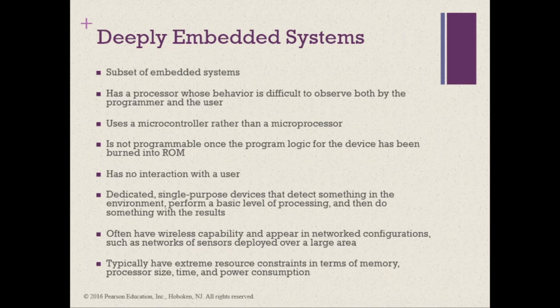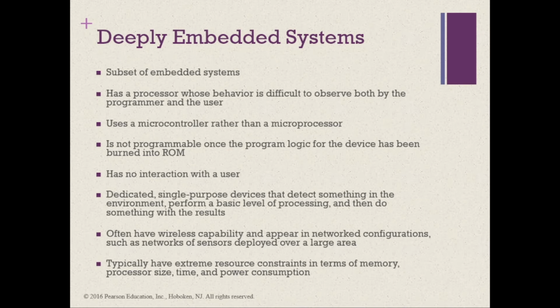A deeply embedded system uses a microcontroller rather than a microprocessor, is not programmable once the program logic for the device has been burned into ROM, or read-only memory, and has no interaction with the user. Deeply embedded systems are dedicated, single-purpose devices that detect something in the environment, perform a basic level of processing, and then do something with the results.